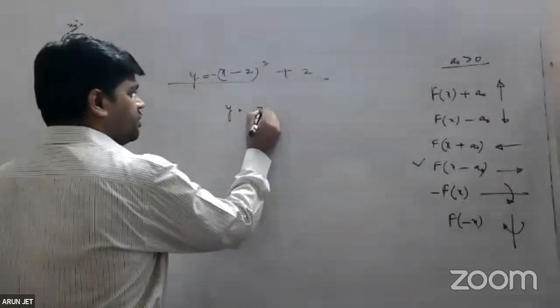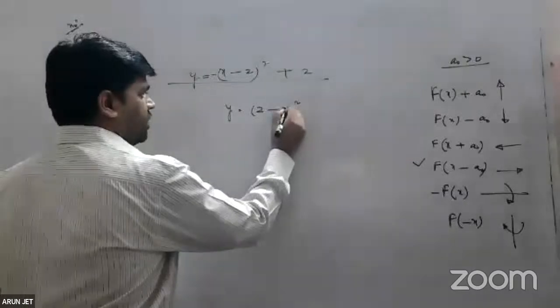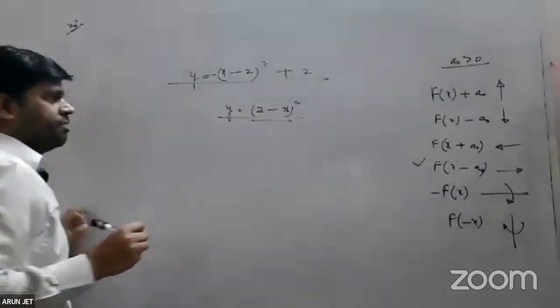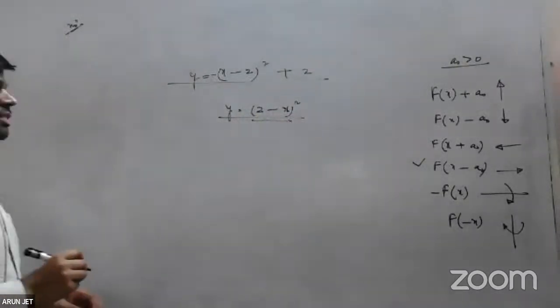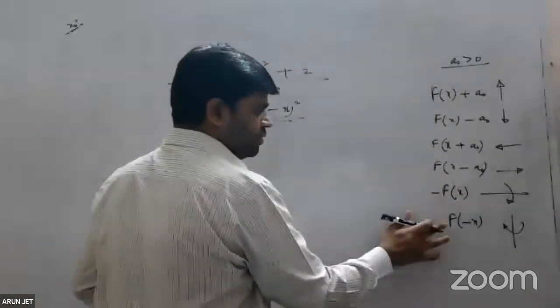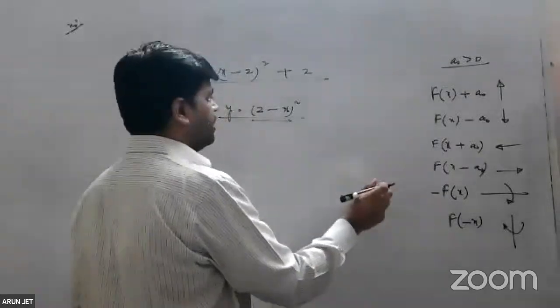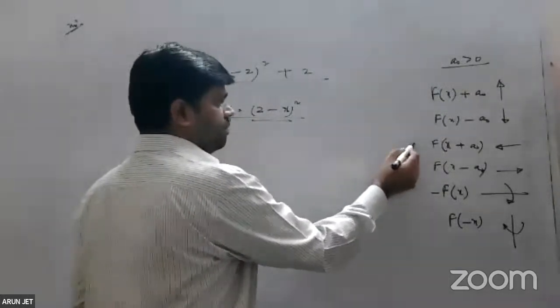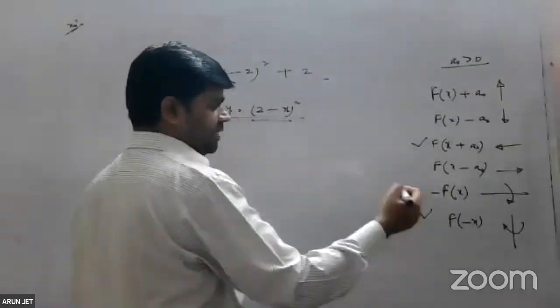y is equal to 2 minus x whole square. How do I plot this? I would use two transformations now. One is x plus a, and then f of minus x.